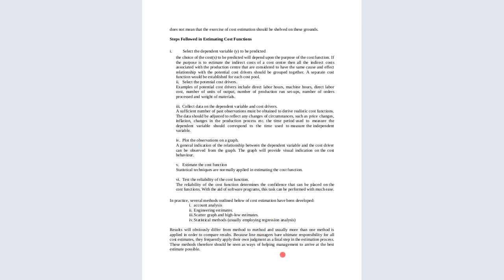So the first thing is we have to determine the dependent variable. Okay, we say in cost estimation, the first thing is you have to find out the dependent variable.